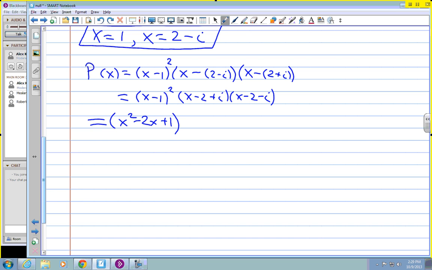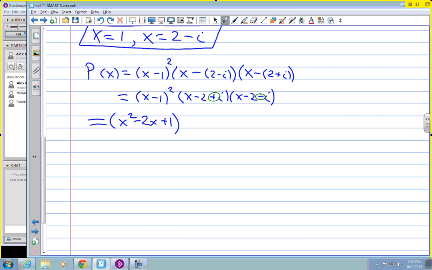Okay, now the other two parentheses, there is a way to multiply those really fast. Those two parentheses are not the same. Do you agree with me? They're not identical. Where do they differ? Just the sign of the i, right? So we have a plus and a minus. Do you agree with that?